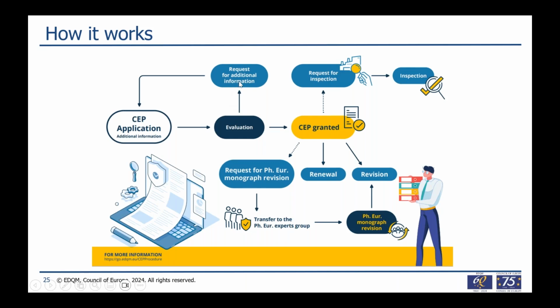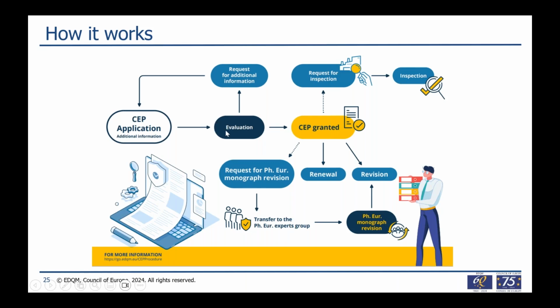Second possibility, it could be that there is information missing to confirm compliance with the requirements, and so a further round of assessment is needed. And in this case, a request for additional information is sent. And when the information requested is received, it goes through the same step again.